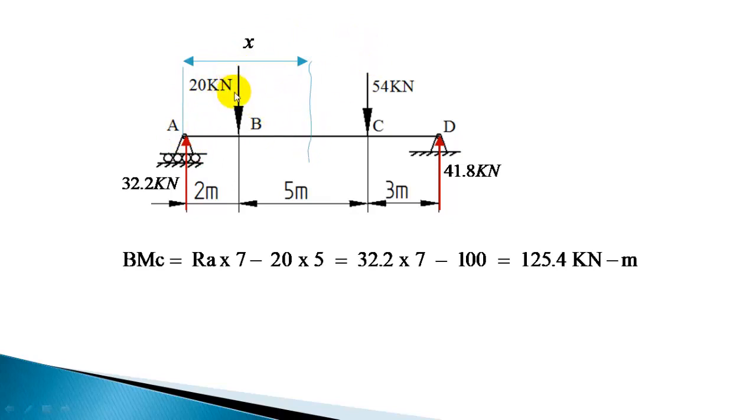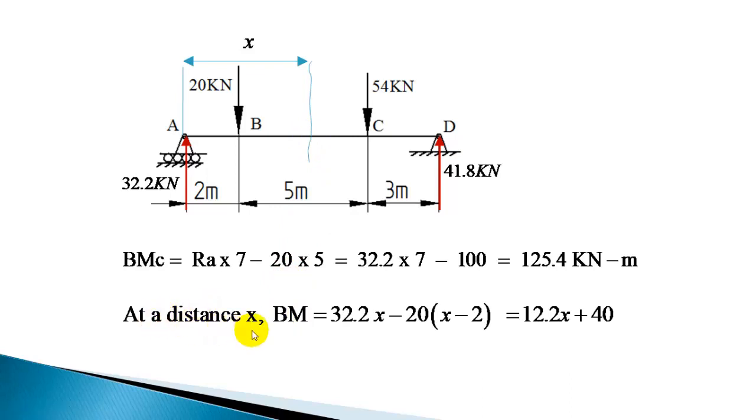This 20 also will produce a moment, but it is anti-clockwise, and the distance is the total distance x, from which you have to subtract this 2 meter distance, so you get x minus 2. So 20 into x minus 2 will be a negative moment, as it's producing an anti-clockwise moment with respect to this section.